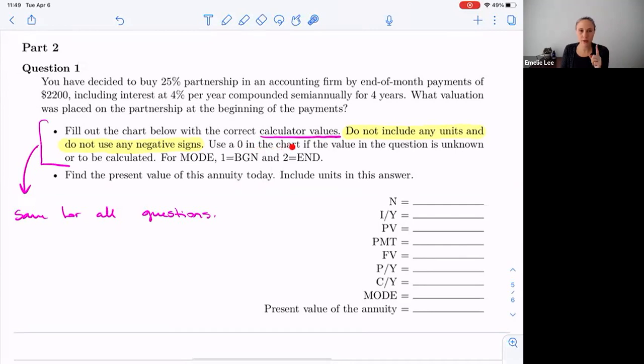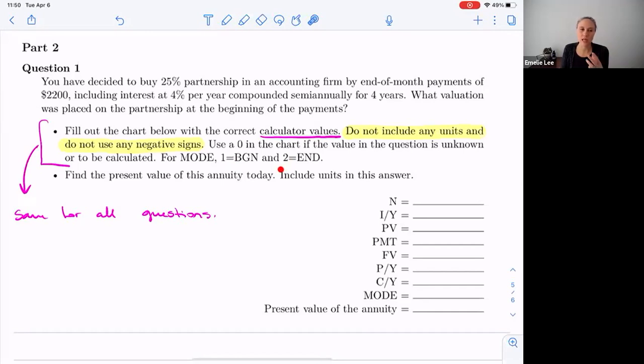Use a 0 in the chart if the value in the question is unknown or you're going to be calculating it. And then for the mode, you're going to use the convention of 1. So if you say mode equals 1, it's begin, so then you have an annuity due. And if you say the mode is 2, you're at the end.